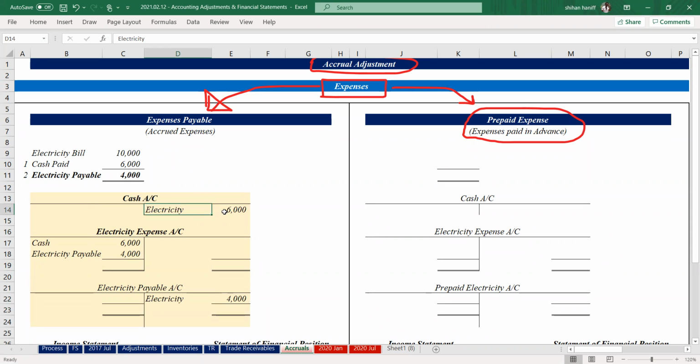First double entry, cash payment: cash account credit, electricity expense account debit. The second entry is the payable.